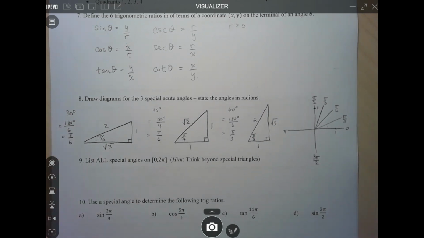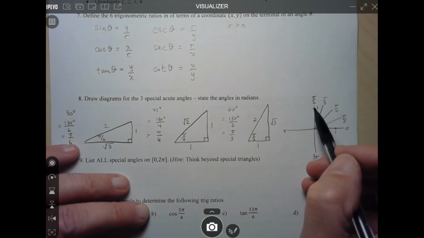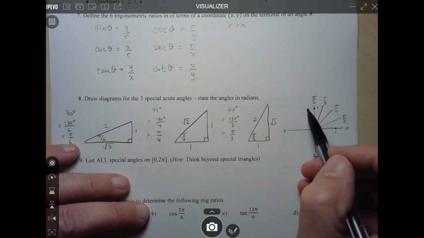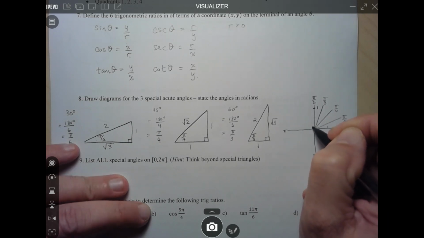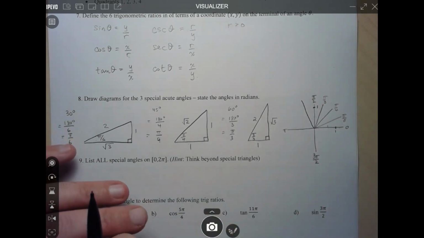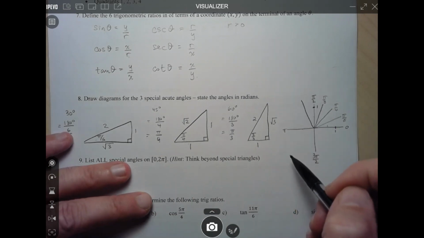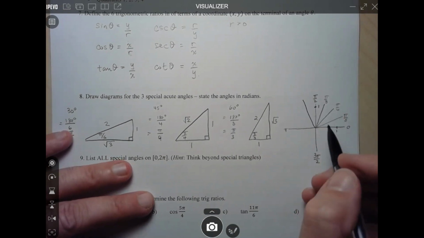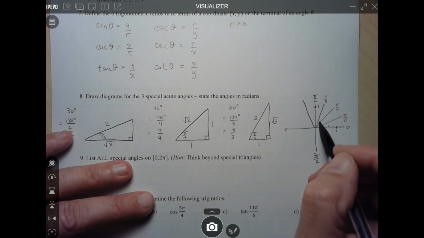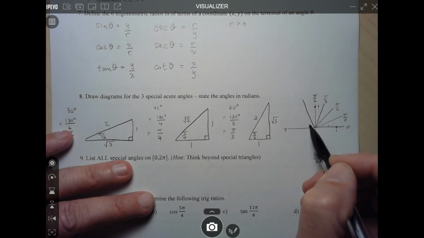All right, so now let's try to find other special angles. The next special angle, if I were thinking of it in terms of degrees, so this would be 90, the next one would be 120. But instead of thinking of this as 120, I'm going to do a little trick here. If this is pi over 3, then 120, what would be left here?